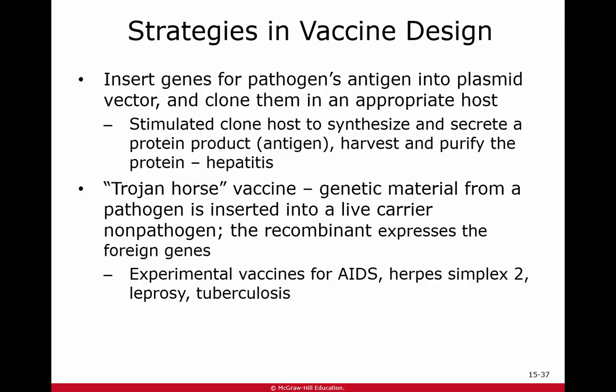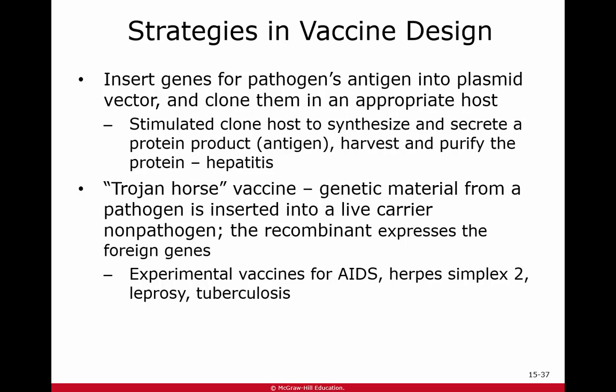Interesting thing that they have done is they actually have developed and are using what's called a Trojan horse vaccine. So if you remember the story of the Trojan horse back in the day, they basically inserted warriors in a horse, right, a big horse, and then took that to a different area. They did not know that the villagers were in it, and so they were able to come out at night and actually attack the city, right?